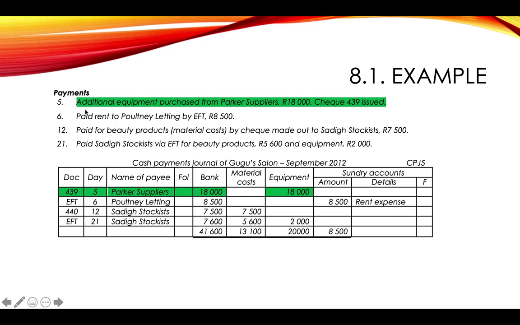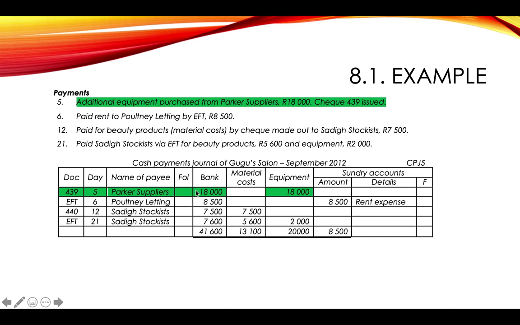If we have a look at the payments, on the 5th, additional equipment purchased from Parker Supplies, 18,000. Check 439 issued. This is obviously a very old-fashioned business. So we will enter here the check number that was used. You could put CC next to it if you wanted to. The day is the 5th. Parker Supplies is the people that you paid the money to.